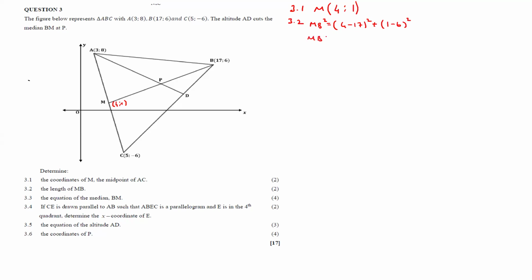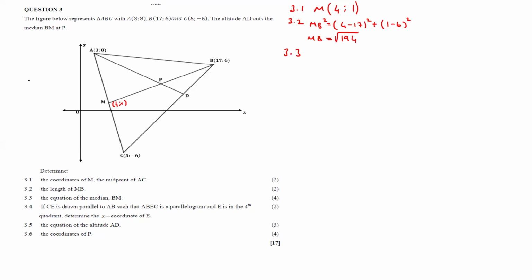So from this, 13 squared is 169 plus 25, that's 194. MB is the square root of 194.